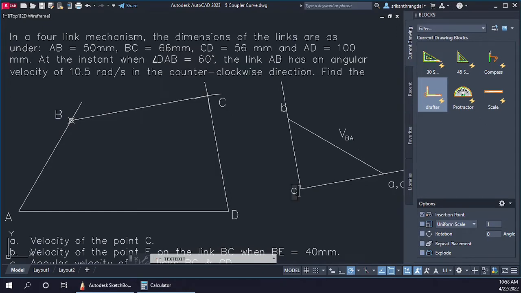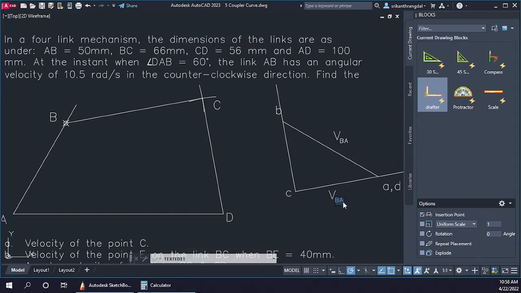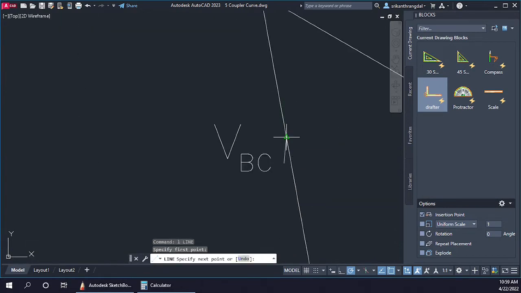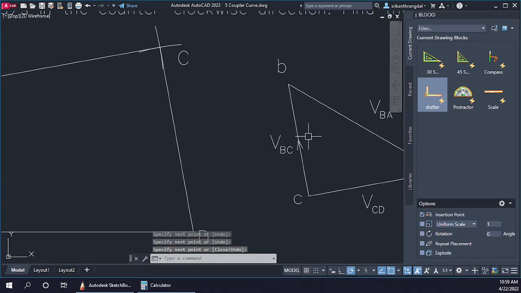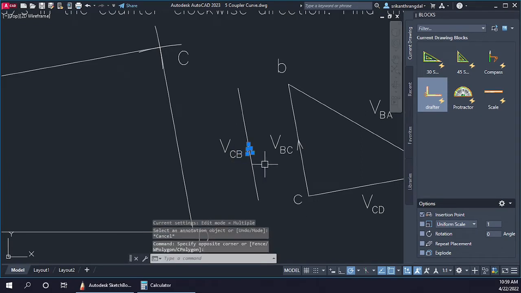Of course, that is the small c, and we will be able to thus get the velocity of C with respect to D and the velocity of B with respect to C. So now when we are talking about this as velocity of B with respect to C, the arrow mark is going to be appearing in this direction, and if you want the velocity to be the other way around, that is velocity of C with respect to B, the direction of this will be reversed.